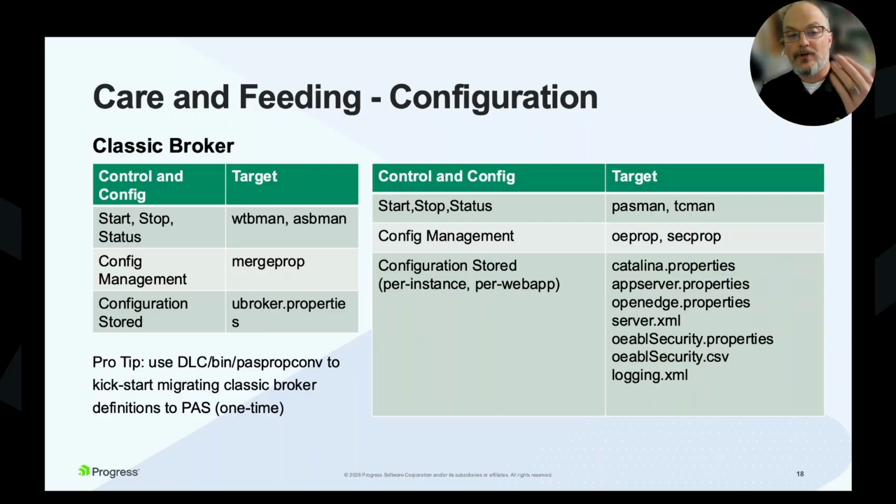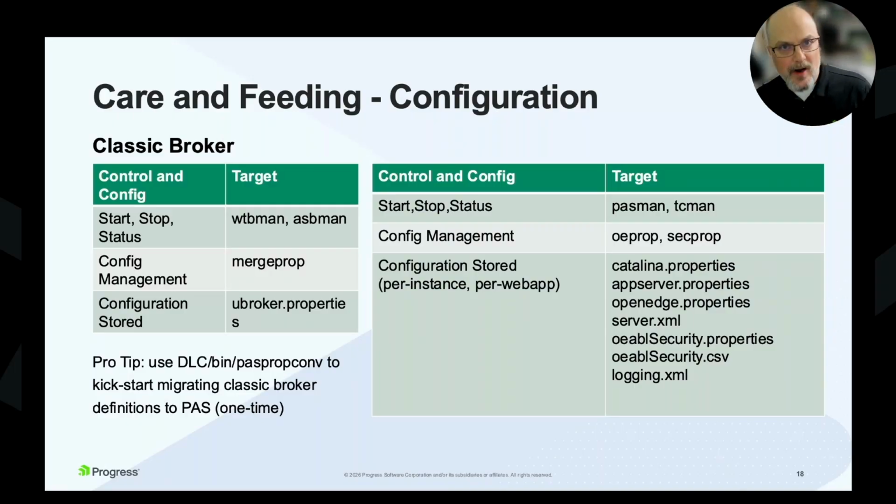In the Classic world, you would use something like merge prop to update ubroker.properties. That way you can configure and deploy your web speed or app server applications, and you can keep just snippets of the configuration in your SCM. In the PaaS world, we have the same idea, but we won't use merge prop. We'll use OE prop, where you'll apply the delta to your configuration.